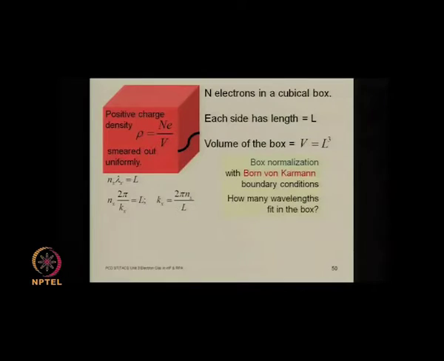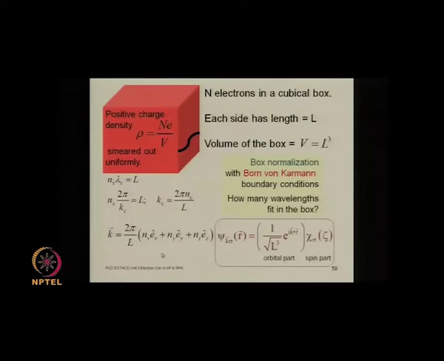You will have similar relations for y and z, and the complete expression for the quantization of the k vector will have nx ex plus ny ey plus nz ez multiplied by 2 pi over L. So, this is the usual box normalization that we use, and with reference to this you have plane wave solutions e to the ik dot r, and the normalization will be 1 over root L cubed, as we all do in our first course in quantum mechanics.